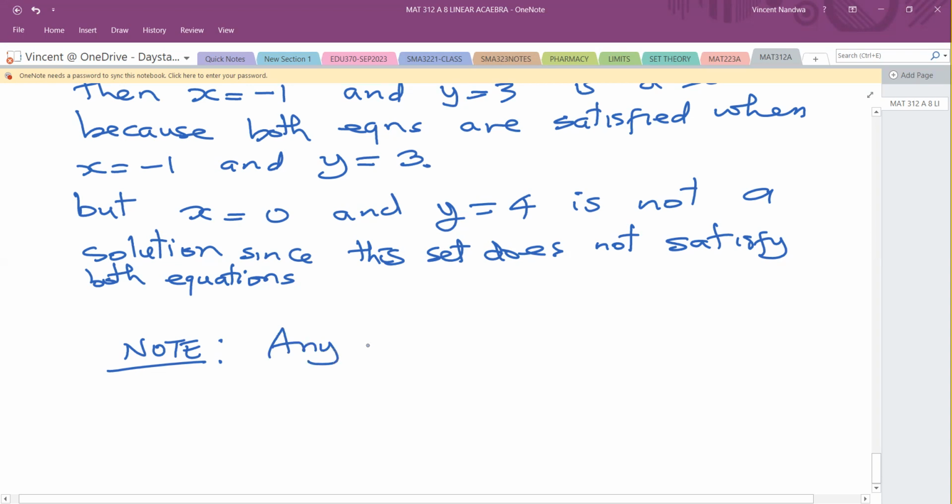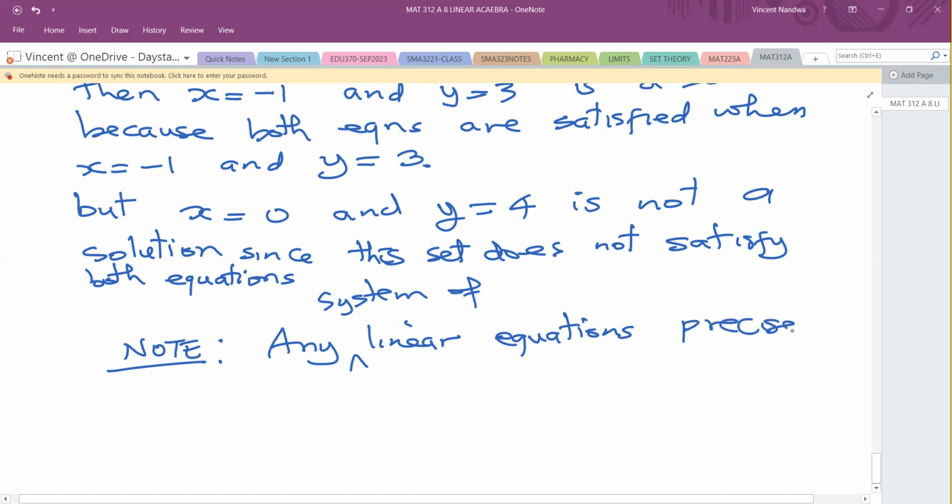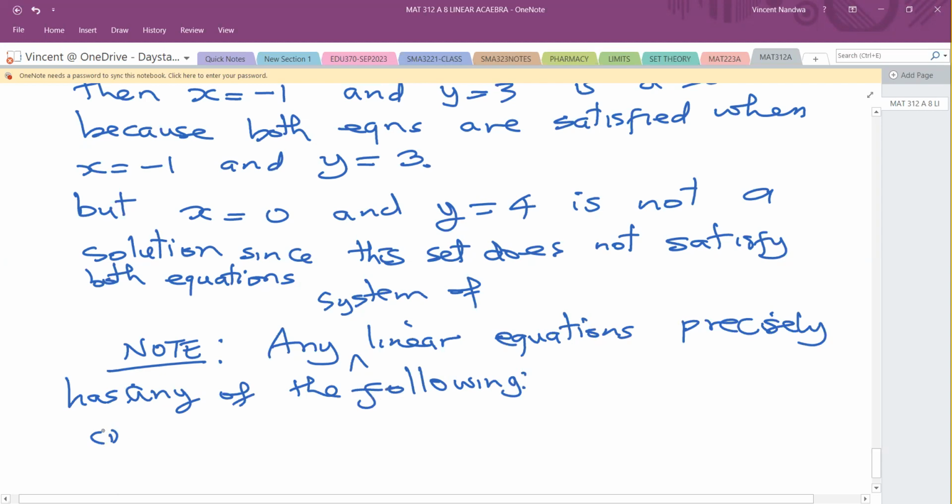Notes. Any system of linear equations has precisely any of the following. One, a unique, or we say one solution.